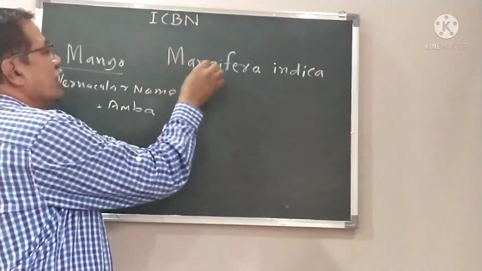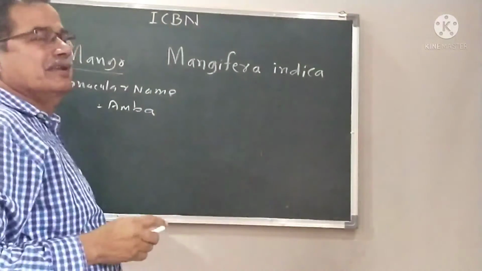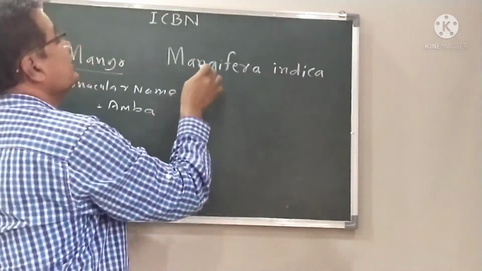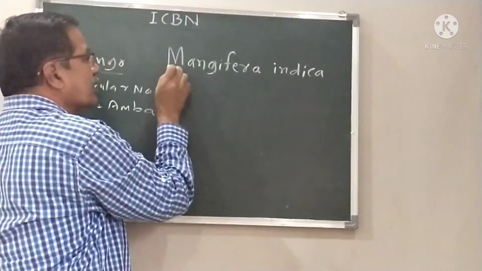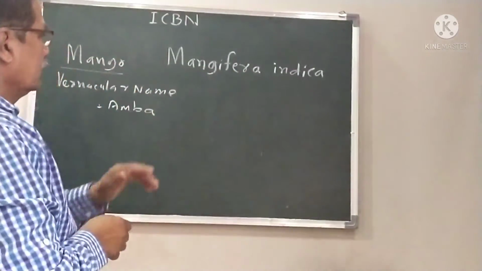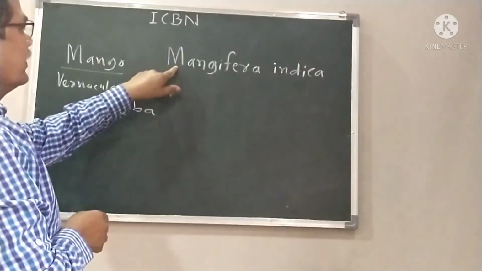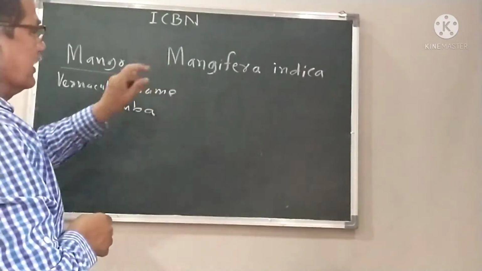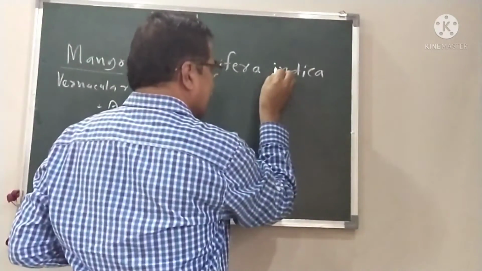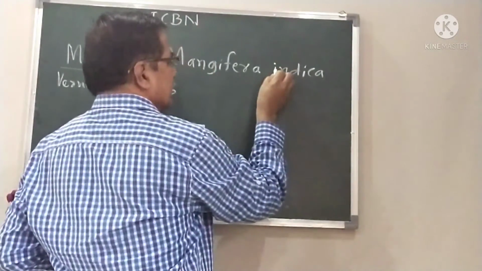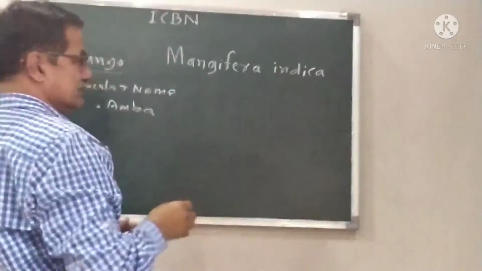Means giving the two names is again recombination. The genus name, the beginning letter is a capital one. Then the species name, the beginning letter is a small letter.